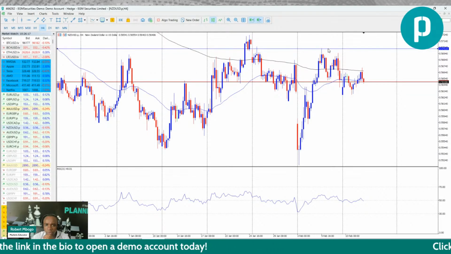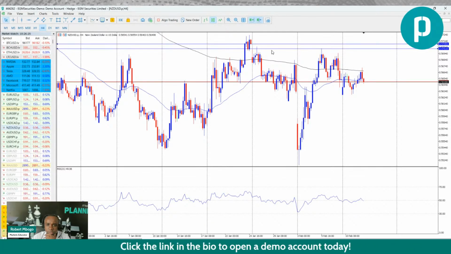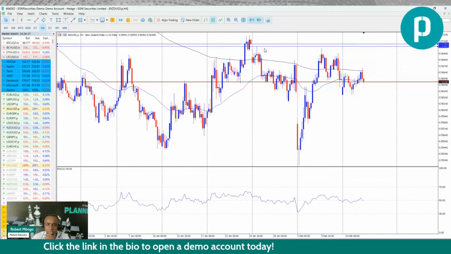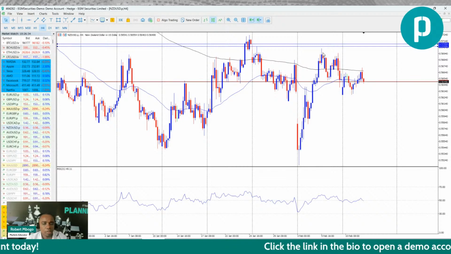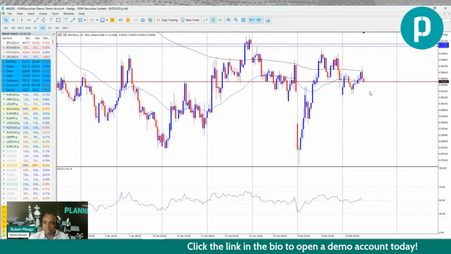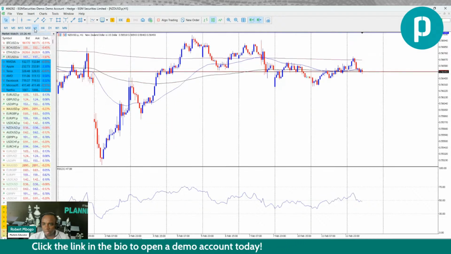So I'll still want to see this high tested. Remember, we still have some gaps on Euro USD and NZD USD, right? This gap is yet to be closed. You can see that gap. It was almost closed last week, but then the market didn't really hit that area.